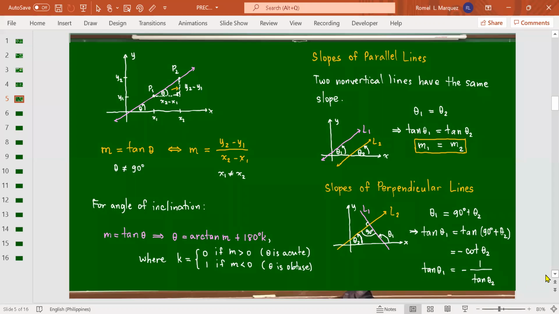But how do we define tangent of the angle of inclination? Slope. Therefore, we say that m sub 1 is equal to negative 1 over m sub 2. Get it, guys? So this is how the slopes of perpendicular lines are related to each other.